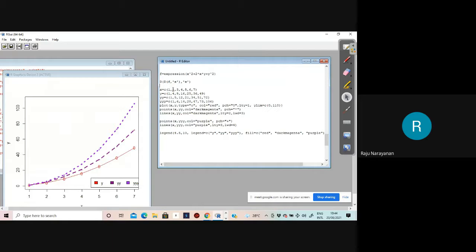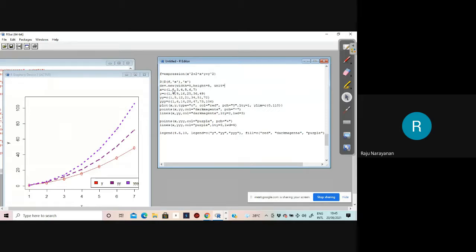That's all. Device dot new. You can fix width is equal to... you can select the width of the graph, let it be 5 units, and you can fix height also 5, and you have to specify whether it is 5 kilometers or 5 meters or 5 centimeters or 5 inches.